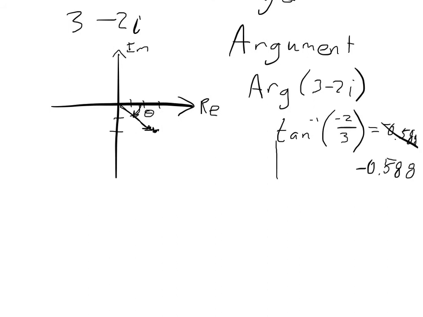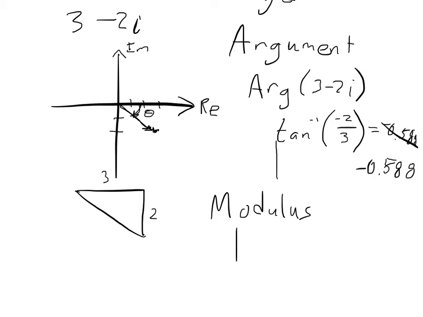So finding the magnitude, or sometimes called the modulus, is in some sense easier, because really what you're doing is you're just thinking about the Pythagorean theorem. That angle, we're basically looking at having 3 here and 2 here.